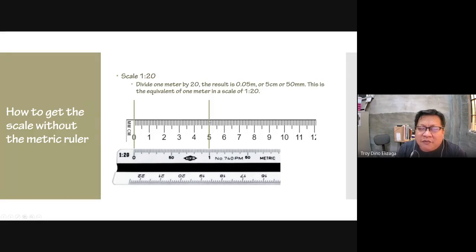So I hope that's understandable. It's the same thing with whatever scale you're using. If it's 1 is to 50, you divide 100 centimeters by 50, and then you get the equivalent of 1 meter in a 1 is to 50 scale. But of course, you only do that if you do not have the triangular metric scale.